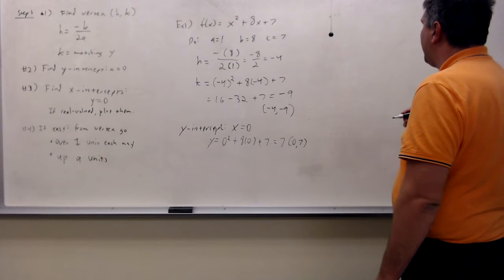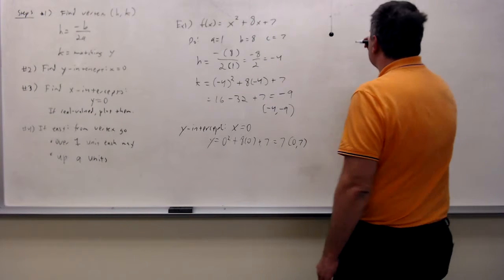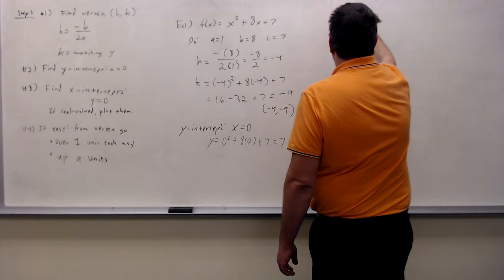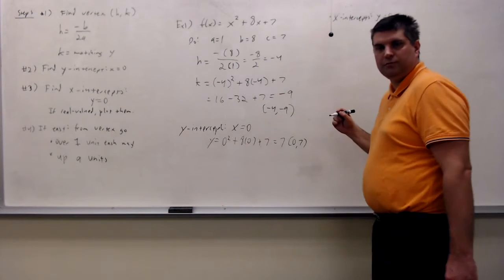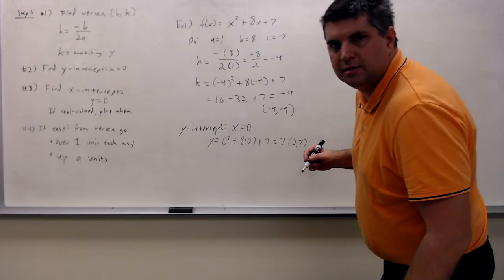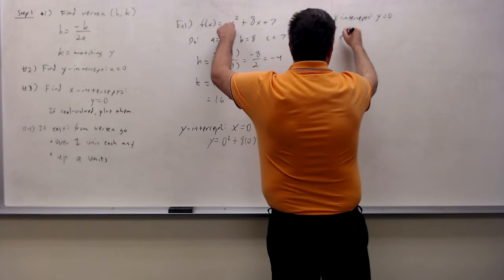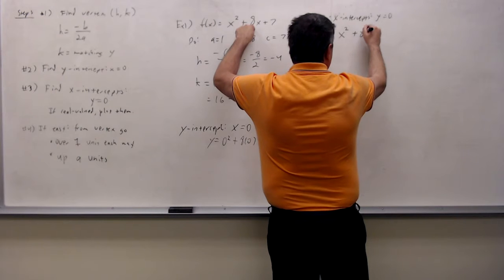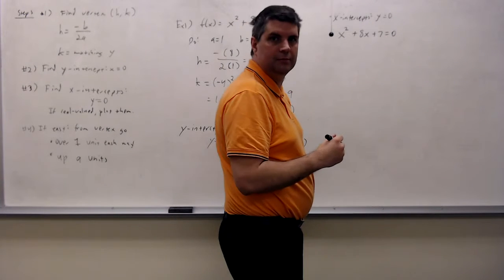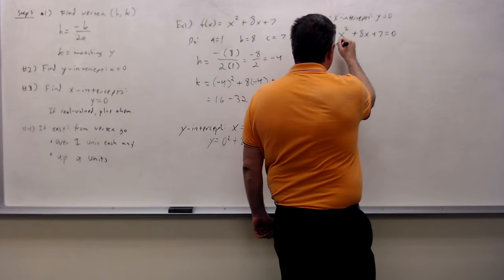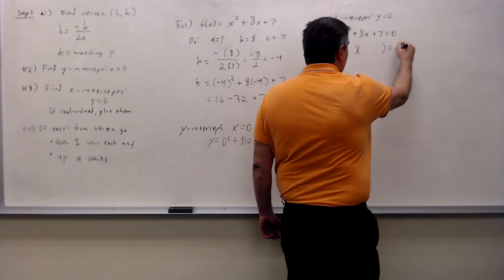The x-intercepts. Y is 0. So that means x squared plus 8x plus 7 is 0. This one's solvable by factoring.